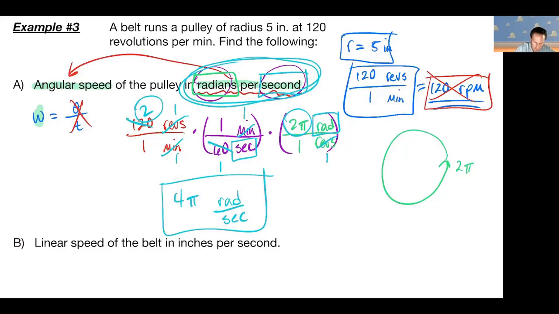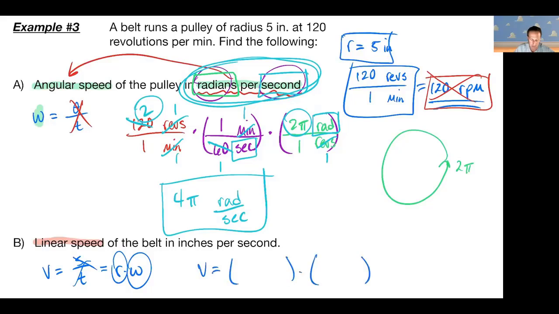So this time, linear speed is what we're looking for. And because it's linear speed, we know that we have 2 different variations, the s over t or the r times omega. And if we have those 2 things, then we're done. And if you notice, they did give us those 2 things. We don't need to use that one again. We will simply use the radius times the angular speed.